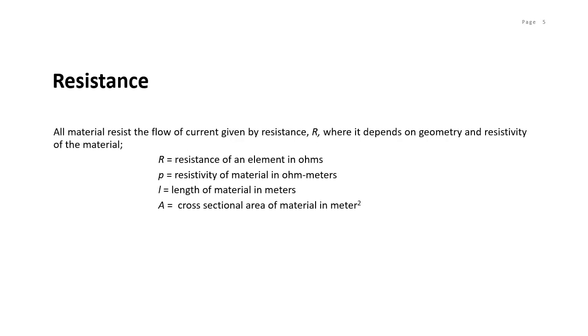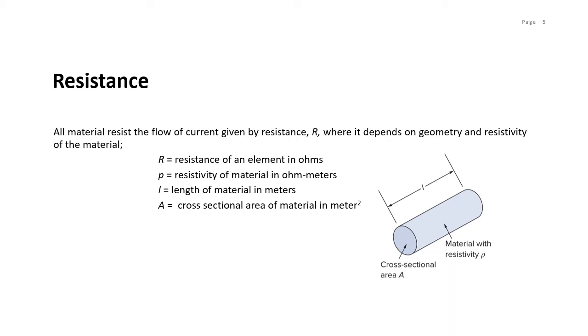Next, let's have a look at resistance. Materials in general have a characteristic behavior of resisting the flow of electric charge. This physical property, or ability to resist current, is known as resistance and is represented by the symbol capital R. The resistance of any material with a uniform cross-sectional area A depends on the area A and its length L, as shown in this figure.